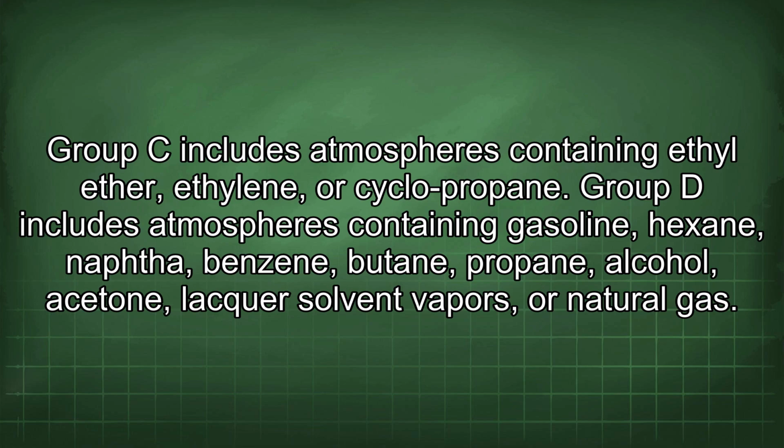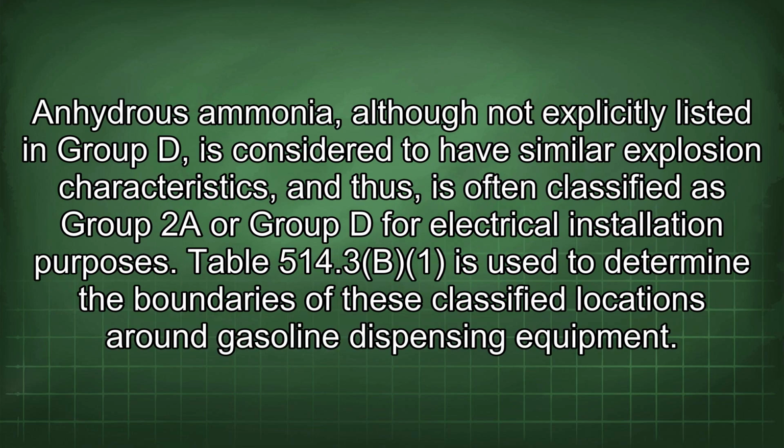Group D includes atmospheres containing gasoline, hexane, naphtha, benzene, butane, propane, alcohol, acetone, lacquer solvent vapors, or natural gas. Anhydrous ammonia, although not explicitly listed in Group D, is considered to have similar explosion characteristics and thus is often classified as Group 2 or Group D for electrical installation purposes.